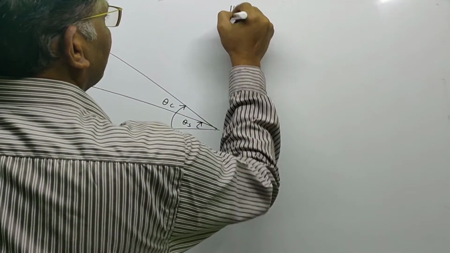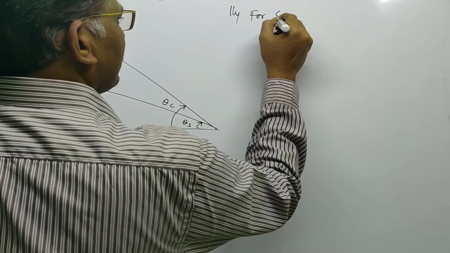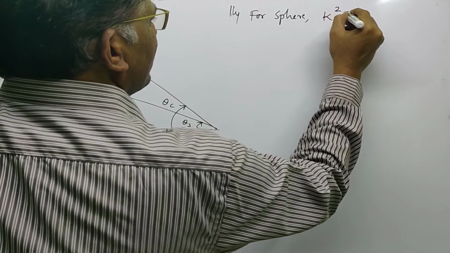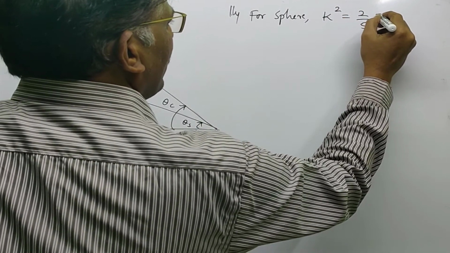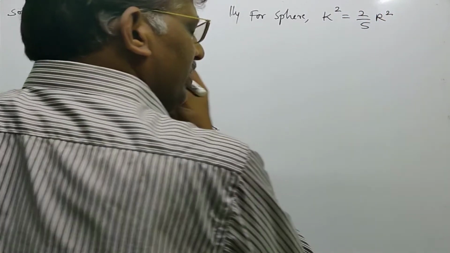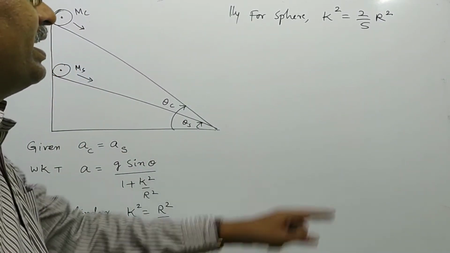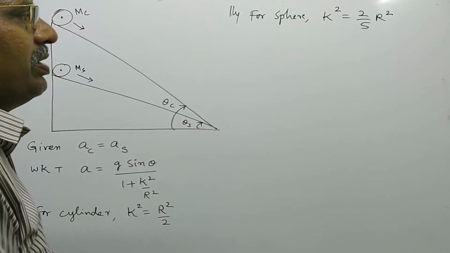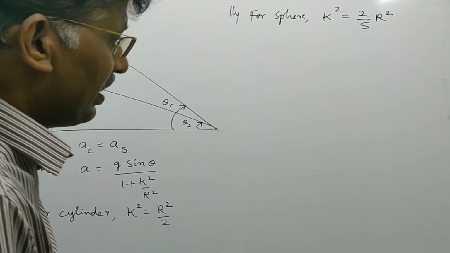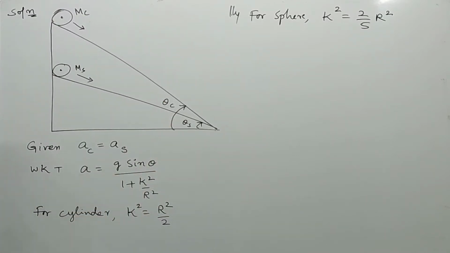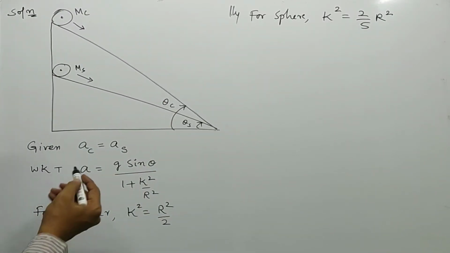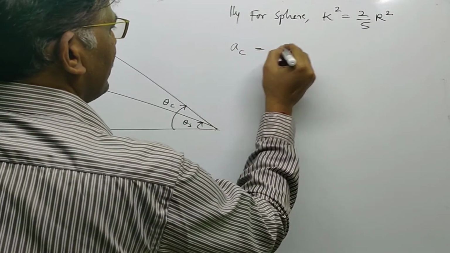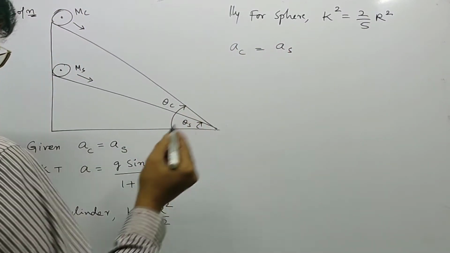Similarly, for a solid sphere, k square can be written as 2 by 5 r square, because the moment of inertia about any diameter I is equal to 2 by 5 m r square. Compared with m k square, k square is equal to 2 by 5 r square. Now, A c is equal to A s according to the question.